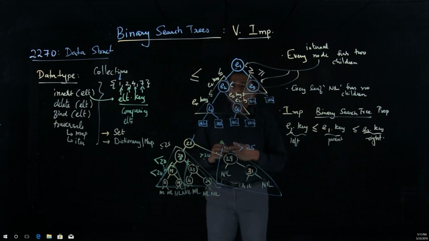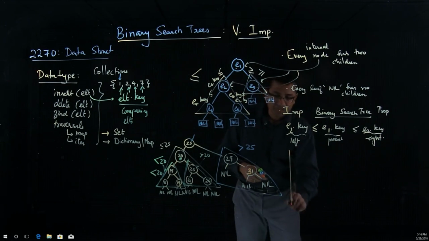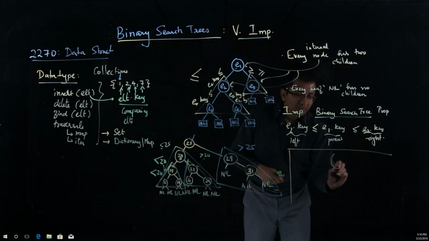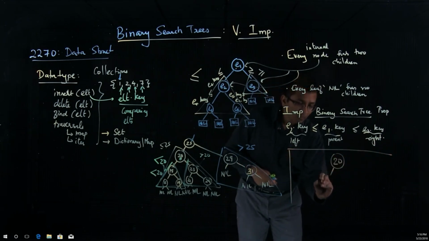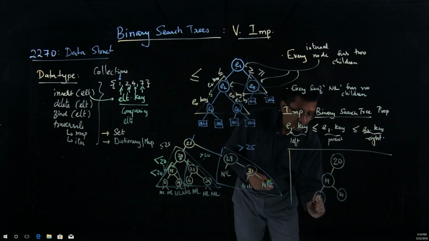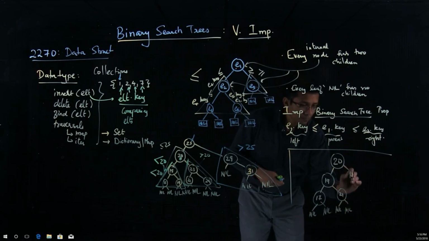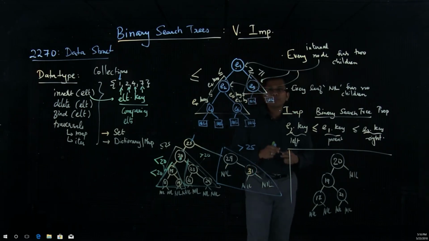Let me give you some non-examples. What would be some bad binary search trees, which are going to fail this property? So take an example. What about this example?